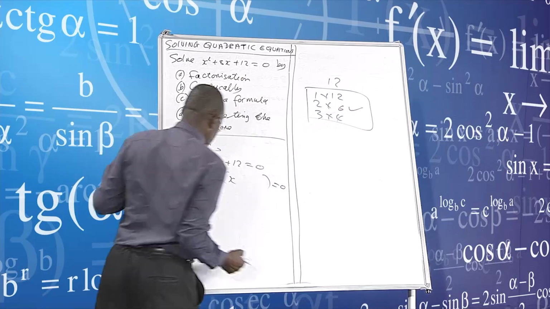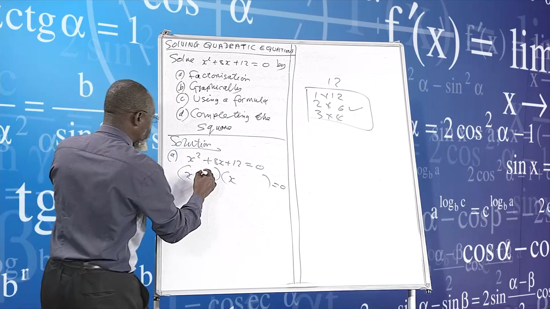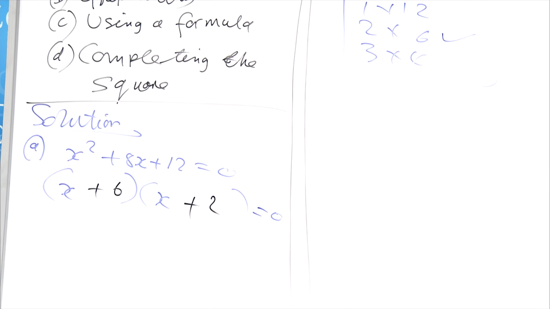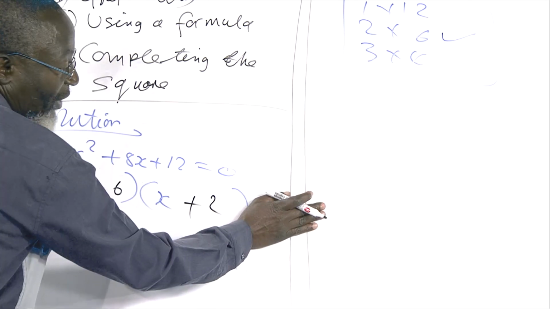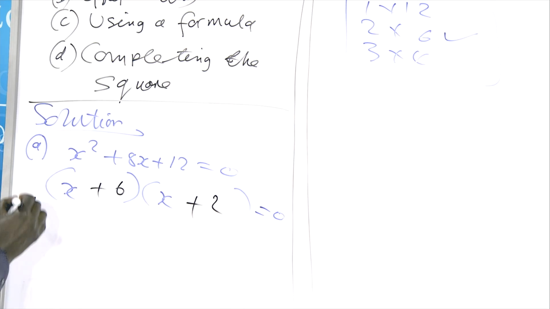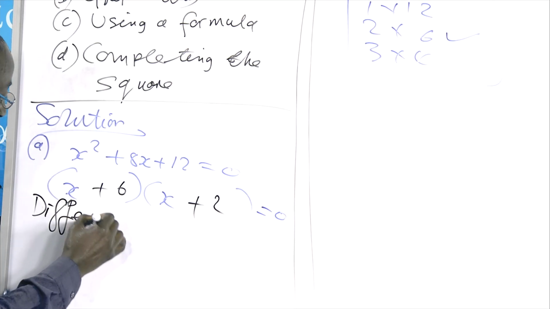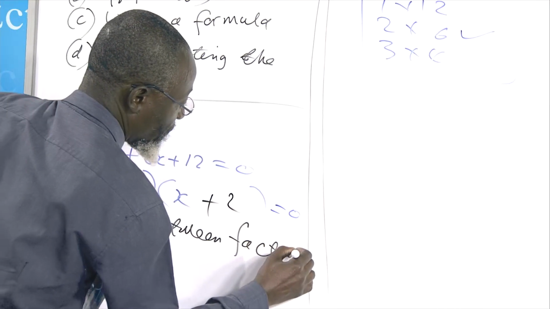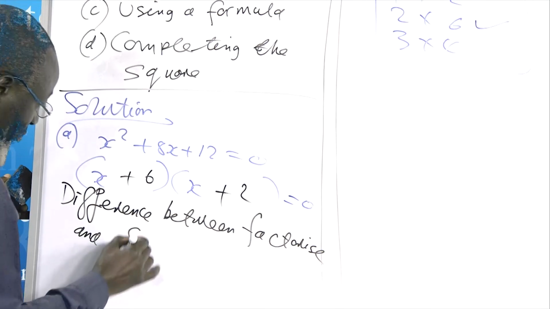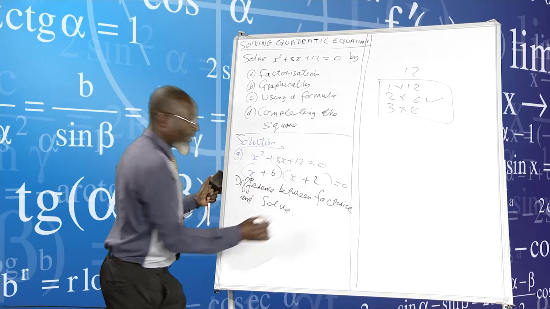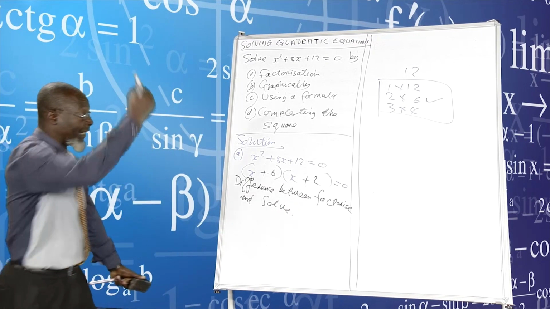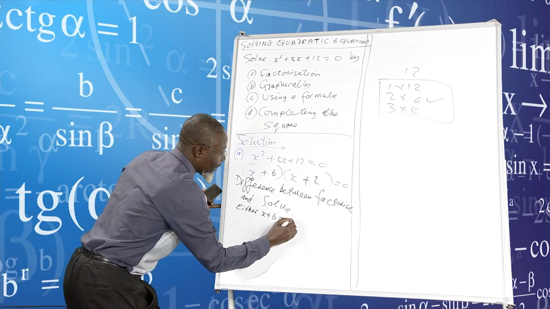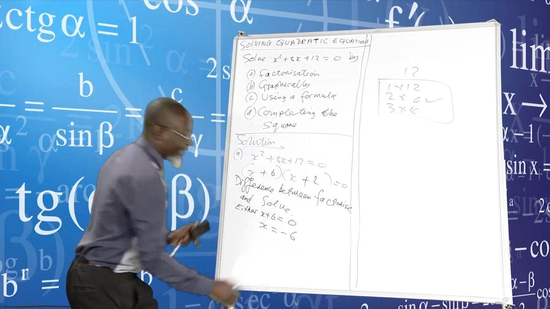Apa tobudisa 8 inova 2 na 6, saka zvinoreva kuti plus 6 and then plus 2. Right, the difference between factorize and solve: it means when we get here, when we solve, we say either x plus 6 is equal to 0, which means x is equal to minus 6.